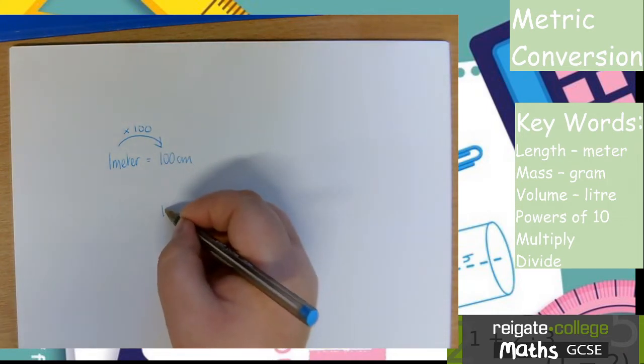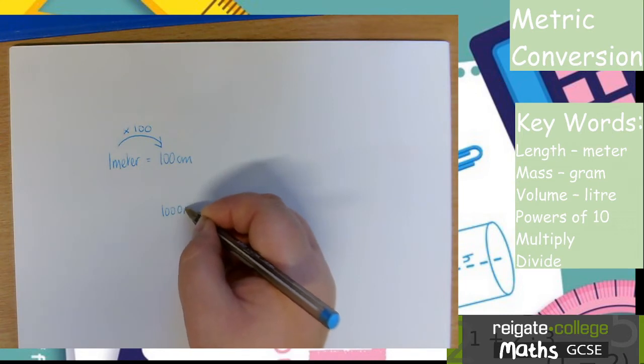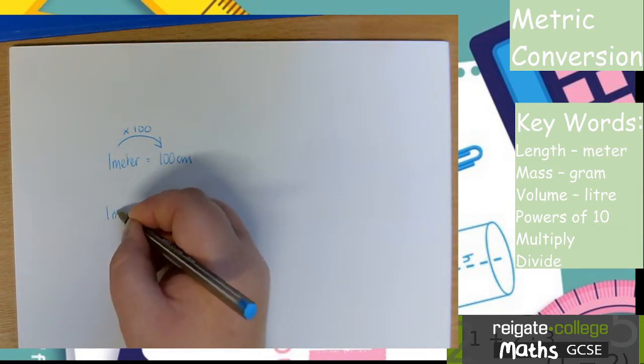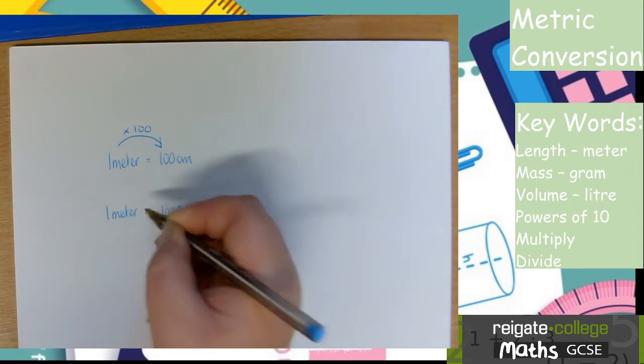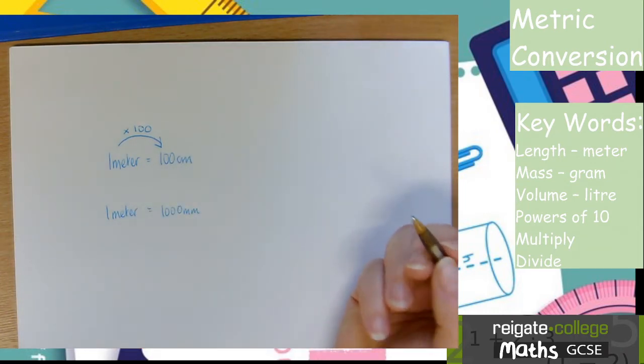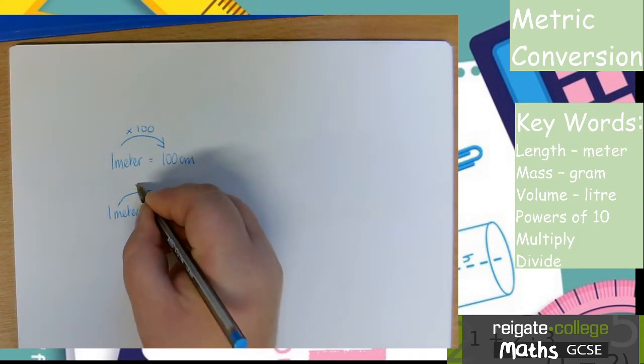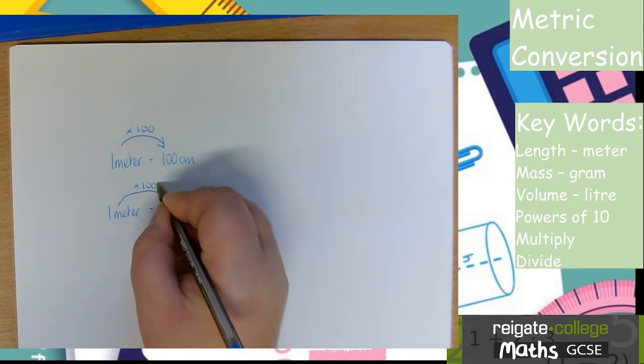There are 1,000 millimetres in 1 metre. If I were to convert my metre measure into millimetres, I would multiply by 1,000.